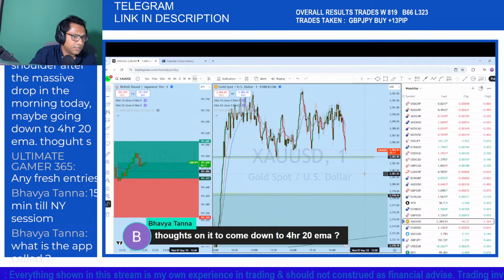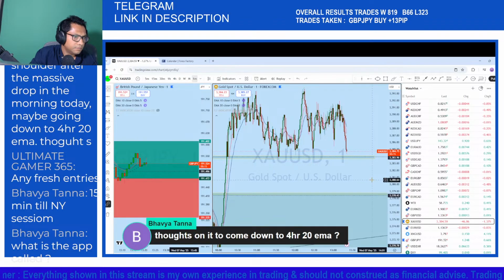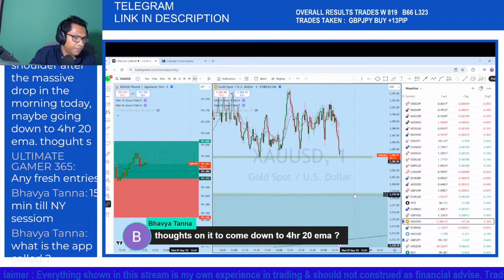So it's approaching that support, and there's a big fair value gap here.